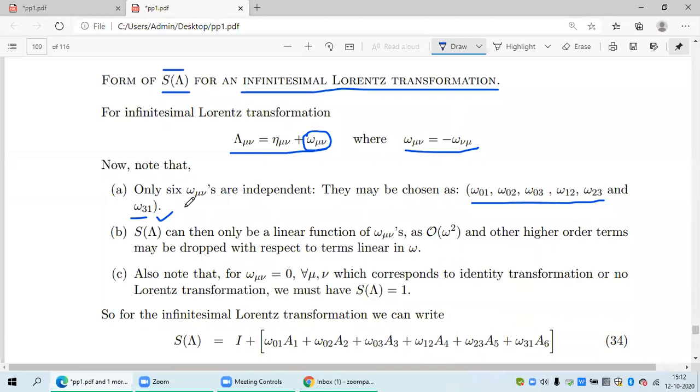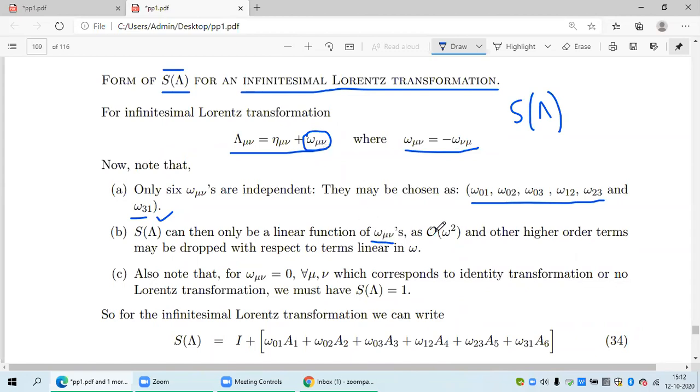So S of lambda must be a linear function of these Lorentz parameters, obviously, because omega being infinitesimal, omega square, omega cube and other higher order terms can be dropped with respect to the linear term.